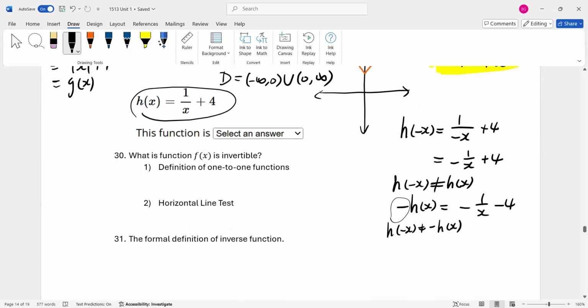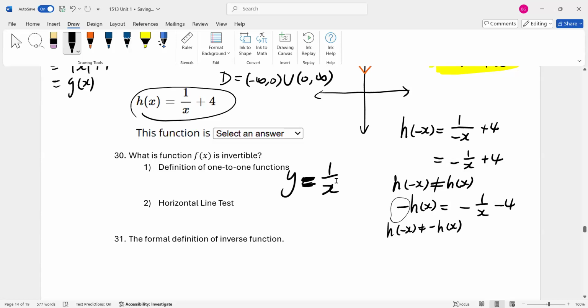Anybody want to know what the graph of h of x is? So this function, y equals 1 over x, is also a very basic function. This function is called a reciprocal function because the output of the function is always equal to the reciprocal of the input.